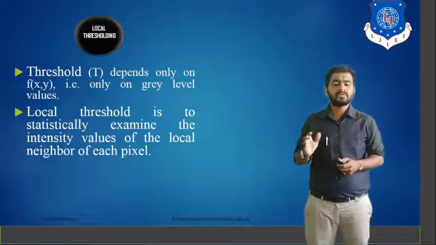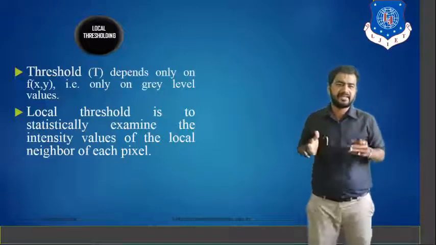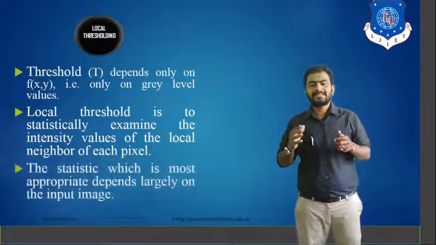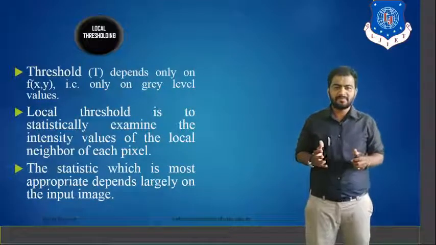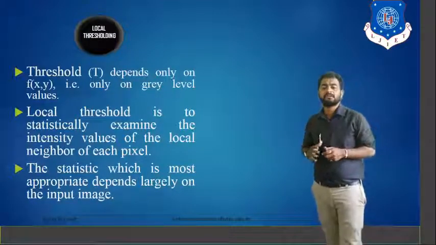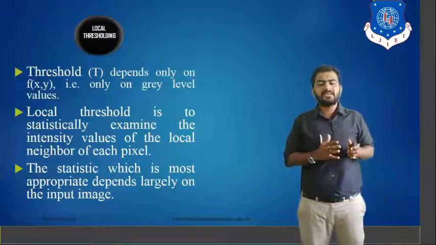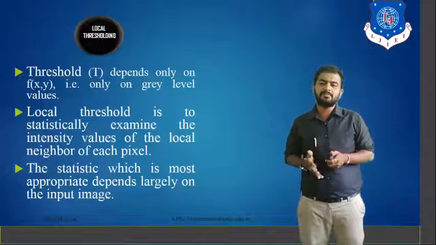So based on local thresholding, we have to take a pixel value which is nearby a matrix, or we can say nearby a pixel value range. The statistic which is most appropriate depends largely on the input image. So when we're talking about thresholding-based techniques, ultimately we have to discuss thresholding in terms of neighborhood image processing, which depends largely on the input images.